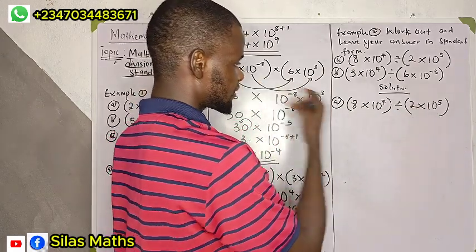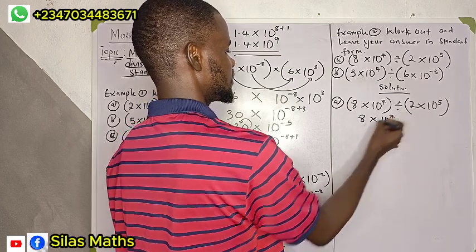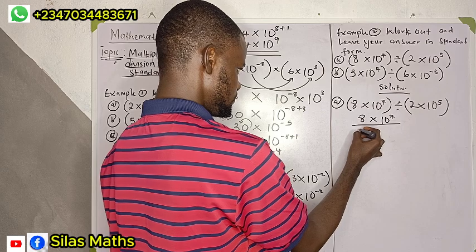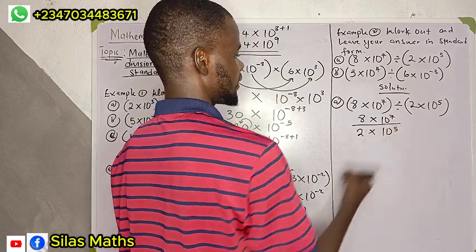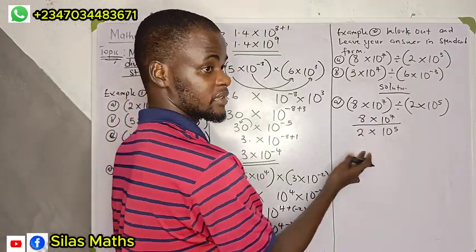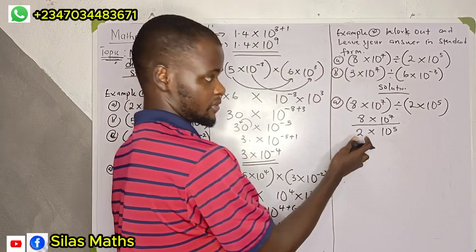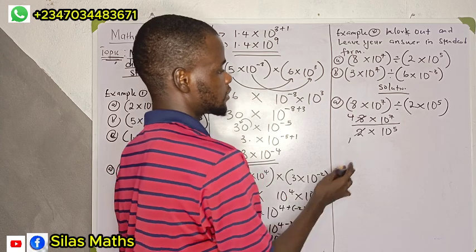So in expressing that further, I can say that this is something as 8 times 10 raised to the power of 7 divided by 2 times 10 raised to the power of 5. Then we go ahead and use our discretion to solve this. This can be reduced, or we can say 2 here will give us 1 and 2 here will give us 4.